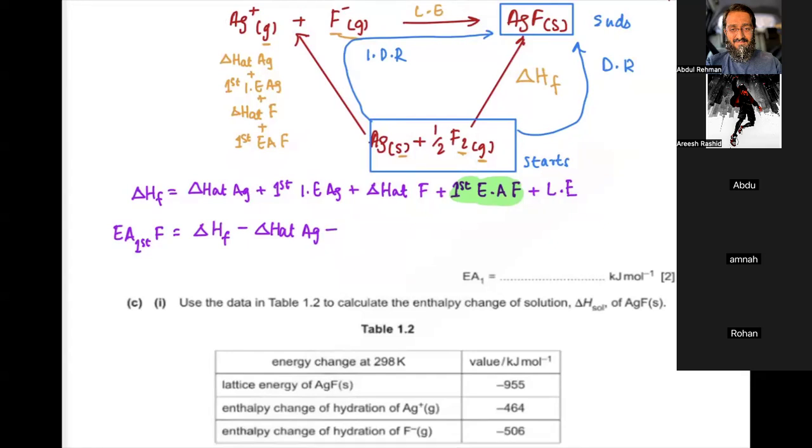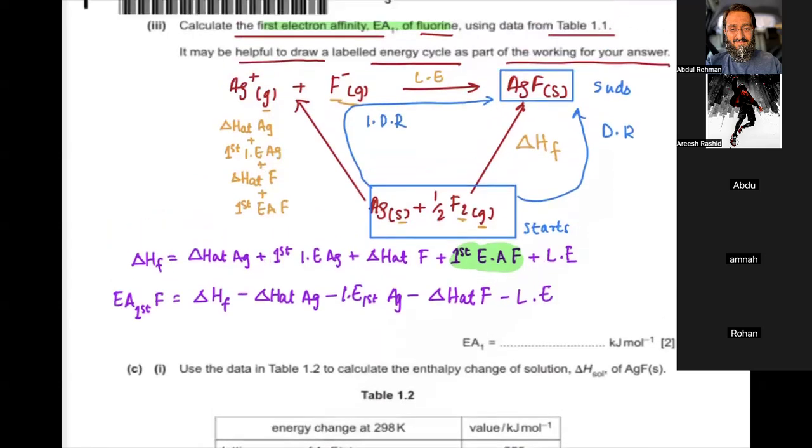So minus the first ionization energy of silver, minus the enthalpy change of atomization of fluorine, and minus the lattice energy. Till here, this expression, the Hess cycle, is it clear to all of you? If any one of you has any confusion in this, please ask.